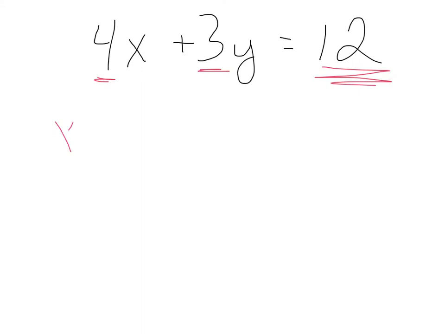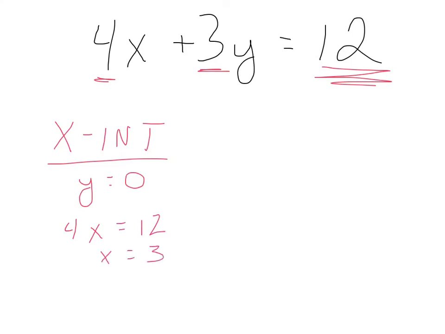So I'm going to find my x-intercept first, and in order to find my x-intercept, I'm going to again make y equals 0. So that gives me the equation 4x plus 0 equals 12. Some simple division tells me my x-intercept is at 3, so my first point is at 3, 0.